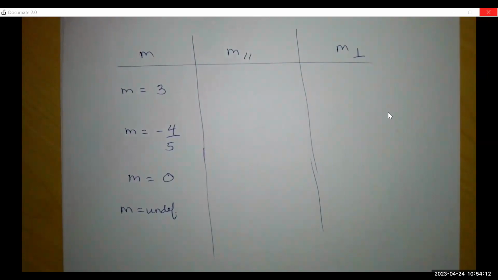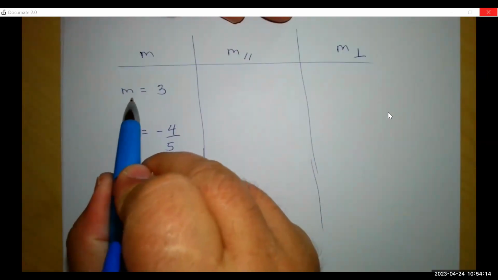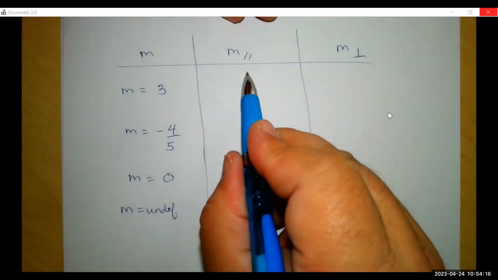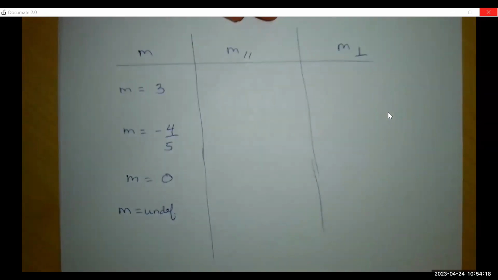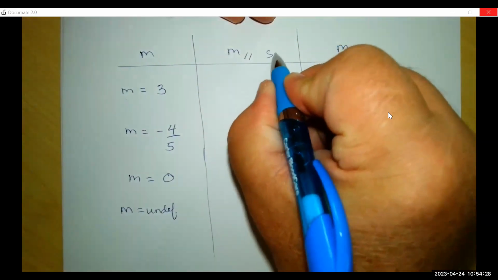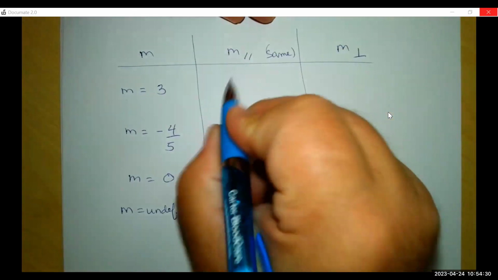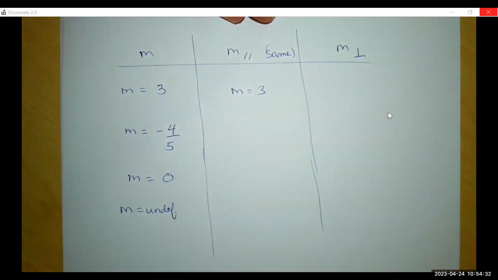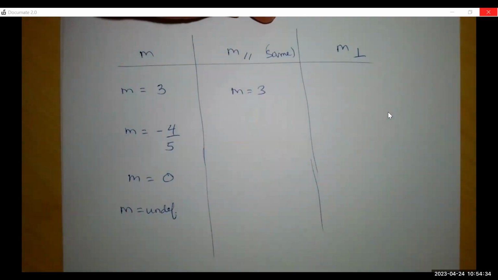Okay, let's finish this real quick. So if the slope is 3, what's the slope of the line parallel to it? Parallel means it's the same slope. You have it in the picture, and we just talked about it 5 seconds ago.